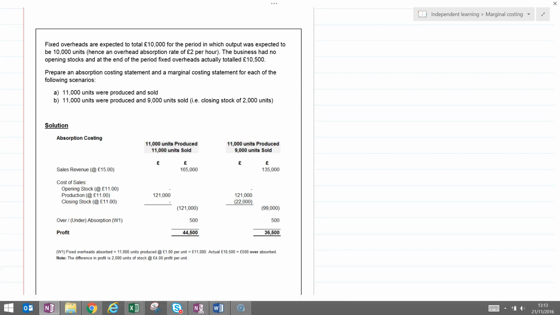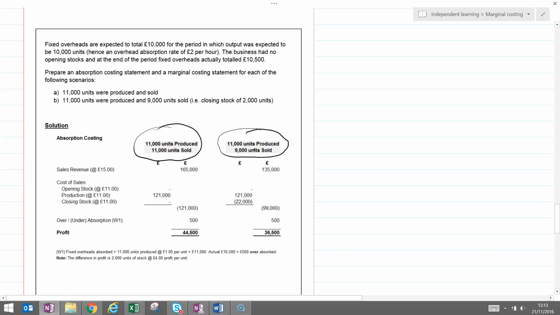Right. So here we have the absorption costing statements. The first statement, 11,000 units produced and 11,000 units sold, so no stocks. The second statement, 11,000 units produced but only 9,000 sold, so we've got 2,000 units left over, which would be our stock.